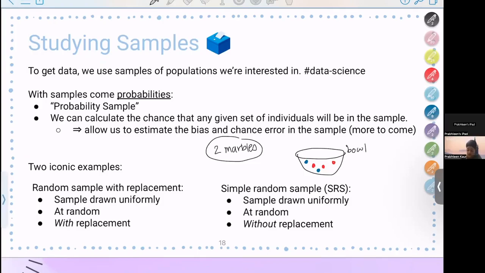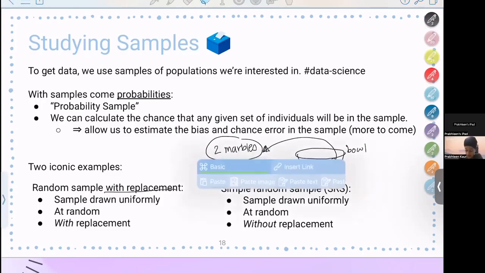If I were thinking about a random sample with replacement, then when I choose my 2 marbles, I would randomly choose my first marble. Let's say it's this red one. I choose it. Okay, this is my first marble. When I go to choose my second marble, I would put the red marble back.